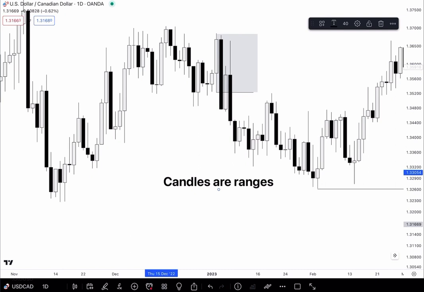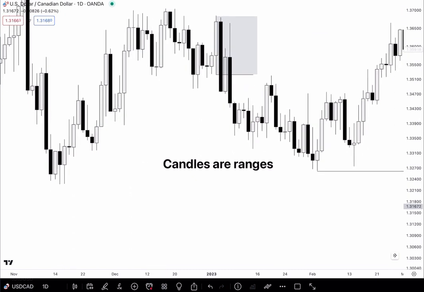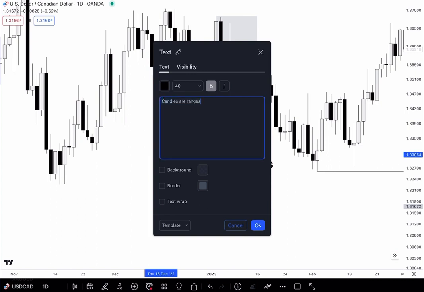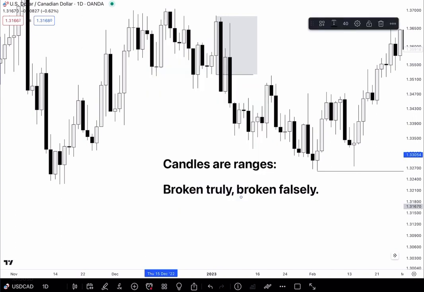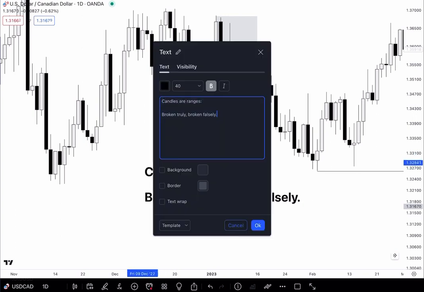So candles are ranges. A range is either broken truly or broken falsely. When we close above a high or below a low, it equals continuation.